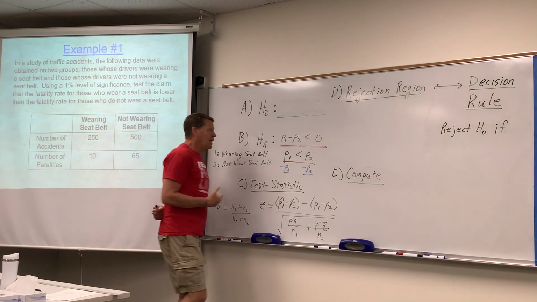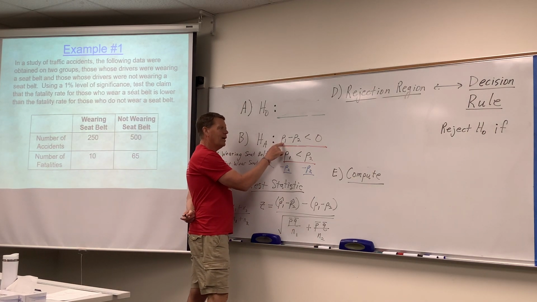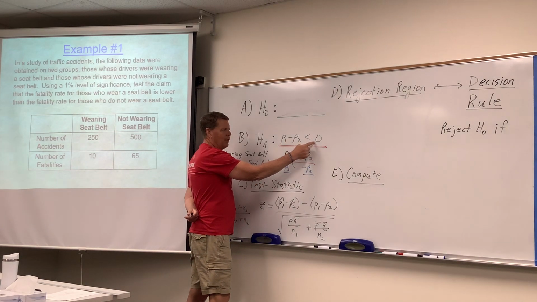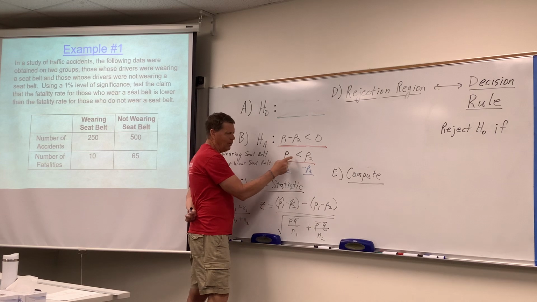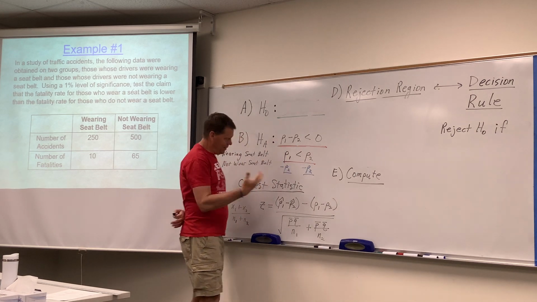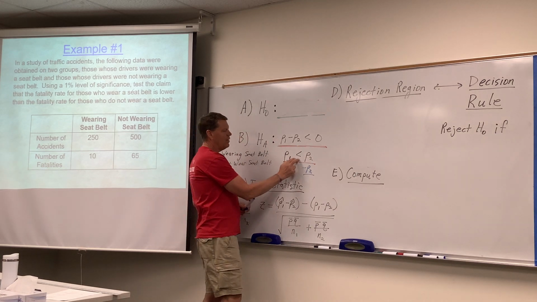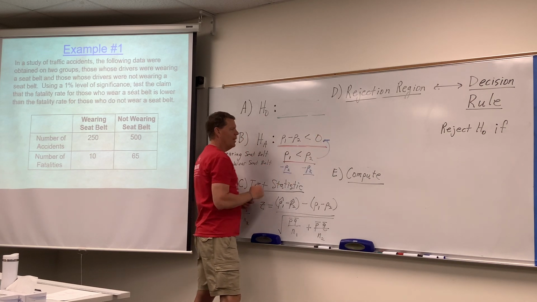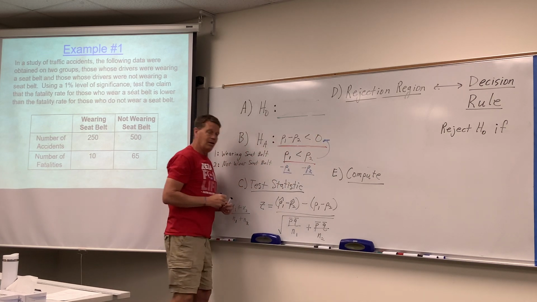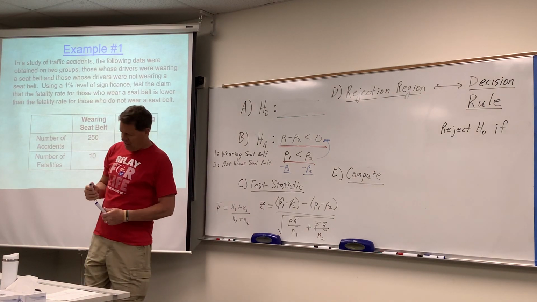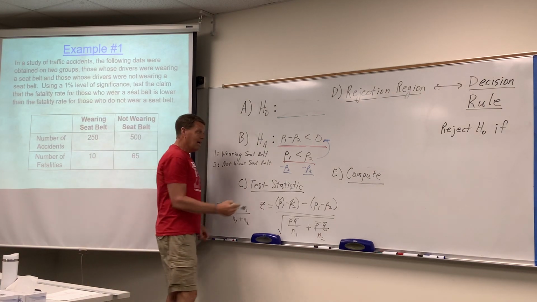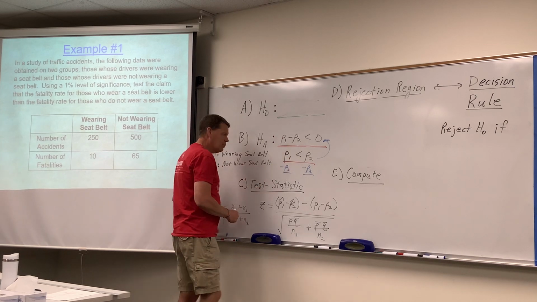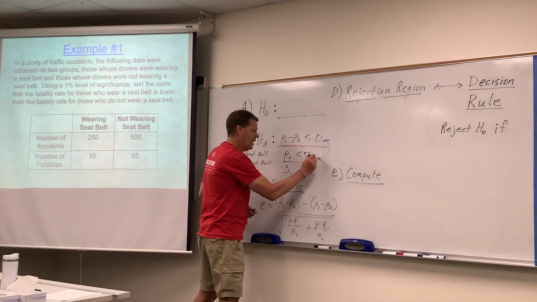See, basically, if you take the first fatality rate and subtract the second one, and it's less than 0, that also means that the first fatality rate was lower than the second fatality rate. So I always write this underneath here and then transfer it up there and make it into a difference of proportions. All right, so is that difference less than 0? Which is the same thing as, is the first fatality rate lower than the second one? These are interchangeable algebraic expressions, all right?